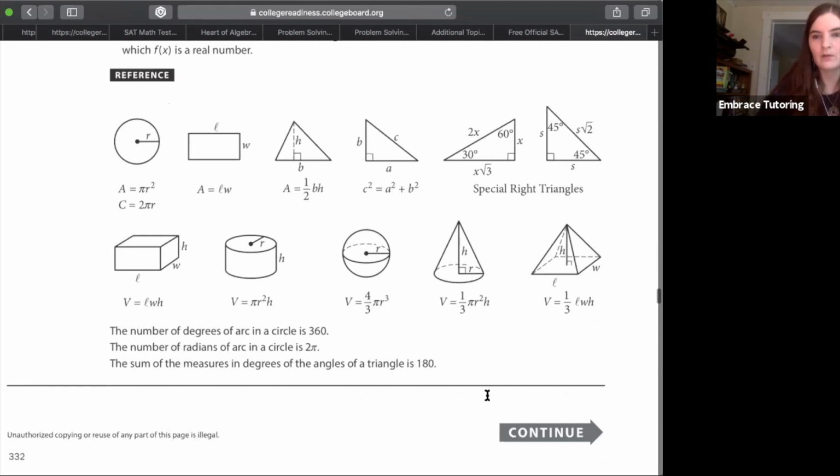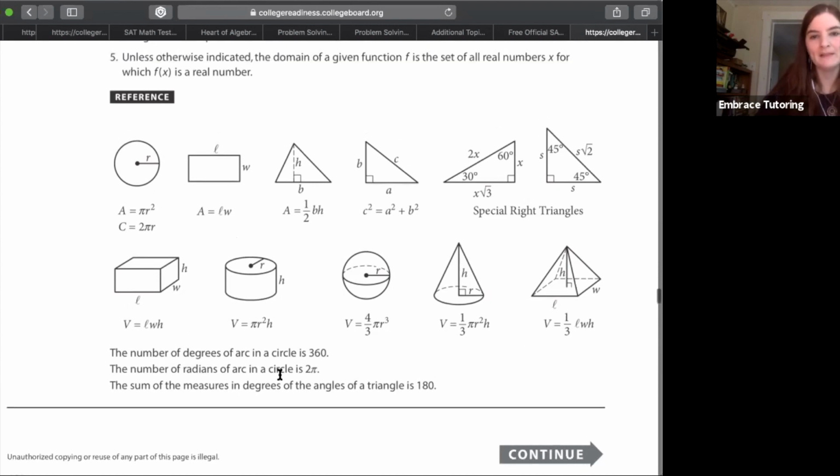I think for a lot of it, they used to require students to memorize it. So be thankful that you have a formula sheet here that you're allowed to use. If you don't know what these mean, let me know and we can go through them. But chances are these are the most common formulas that you will use on this test, okay? Because they put them here for a reason, okay?